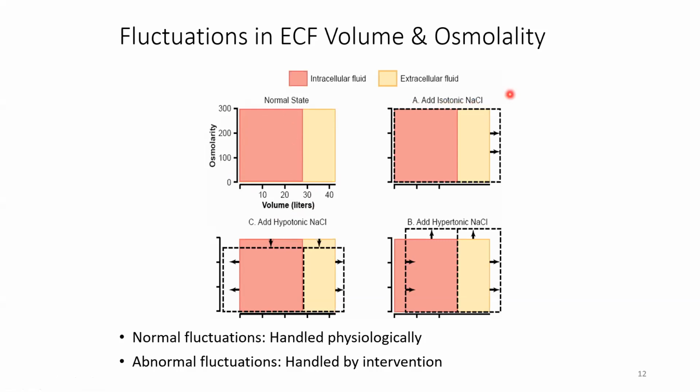Now, you know that isotonic means the same tone, the same osmolarity to volume ratio of fluid as the body's. So when you add isotonic NaCl, we have mentioned already that whenever you give or extract anything, it basically deals firstly with the extracellular space.